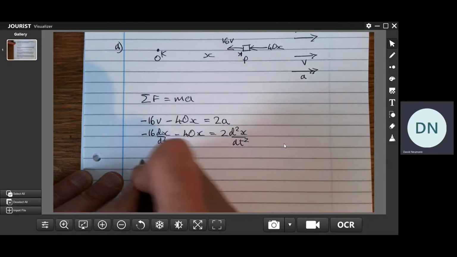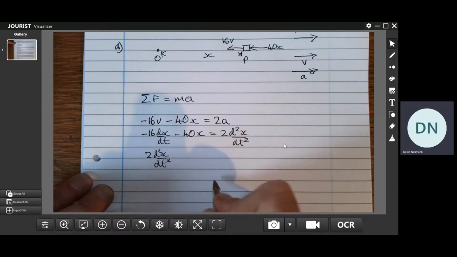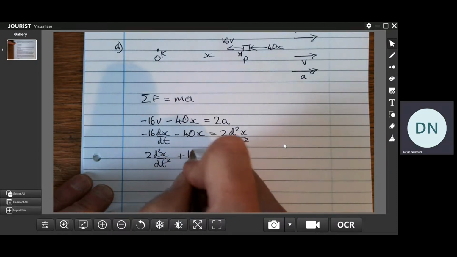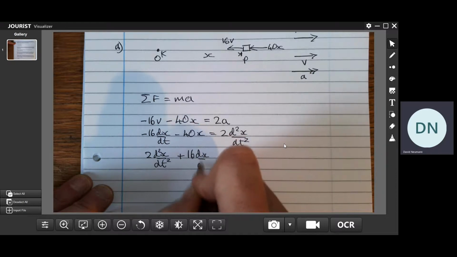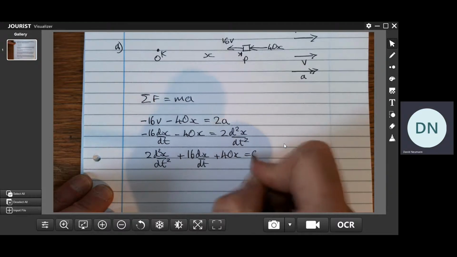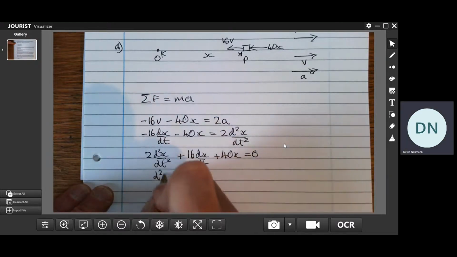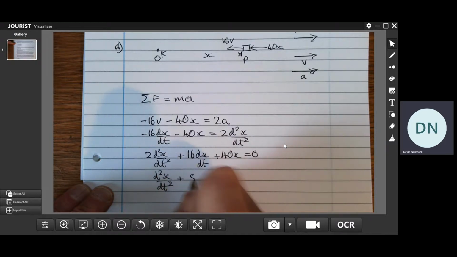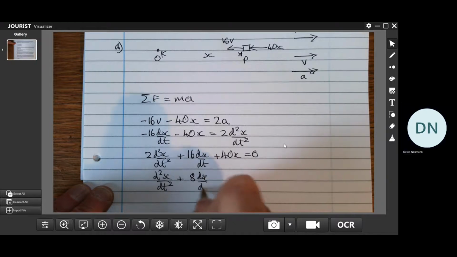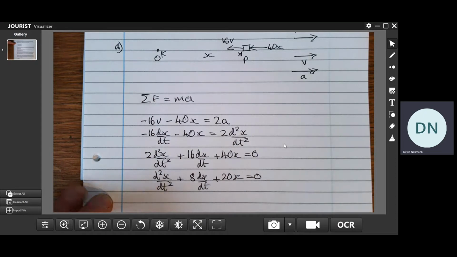Let's rewrite that as 2 d2x by dt squared plus 16 dx by dt plus 40x equals 0, and divide through by 2, we've just got d2x by dt squared plus 8 dx by dt plus 20x is equal to 0.